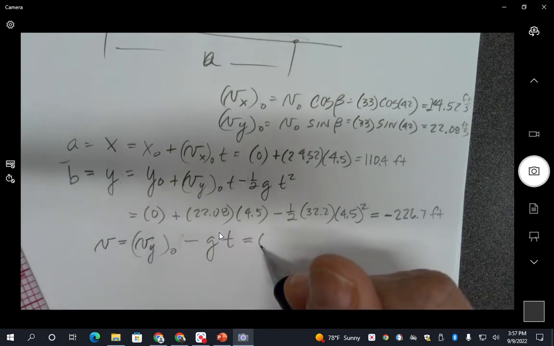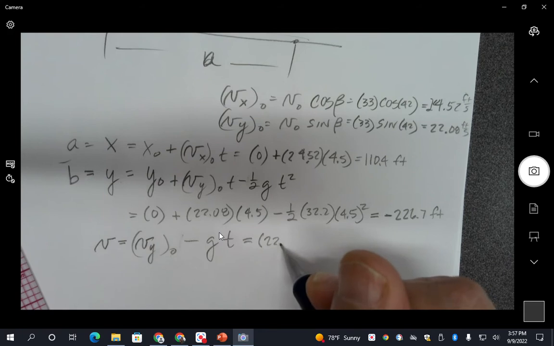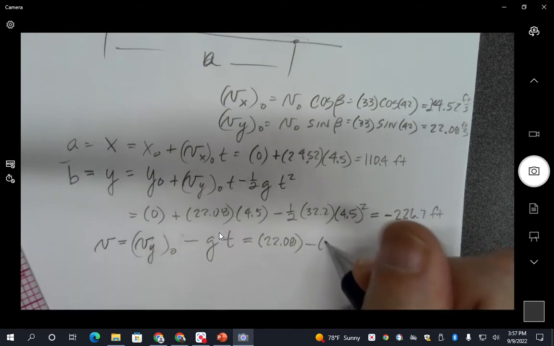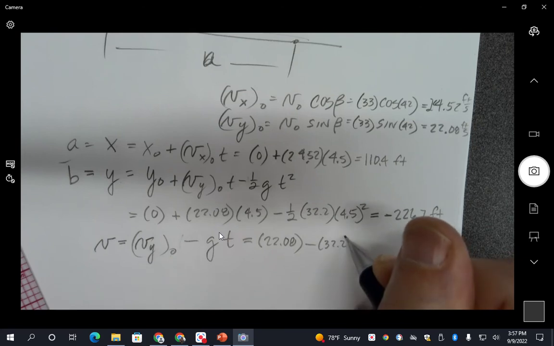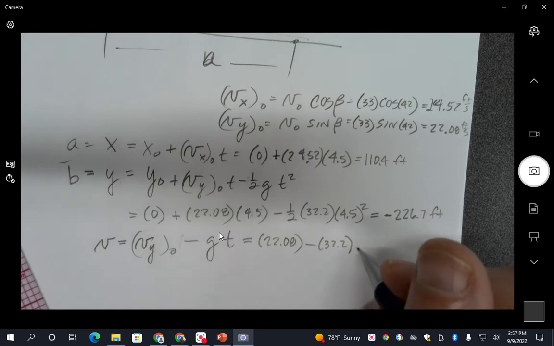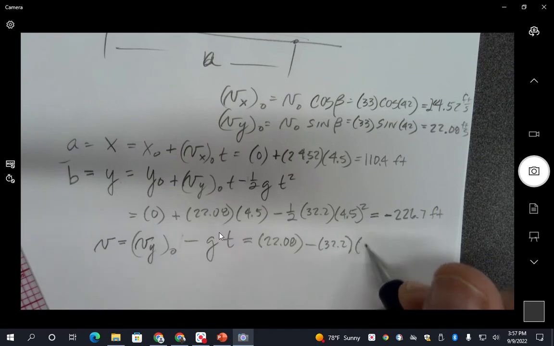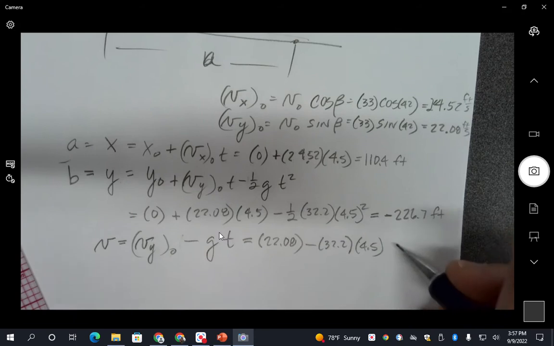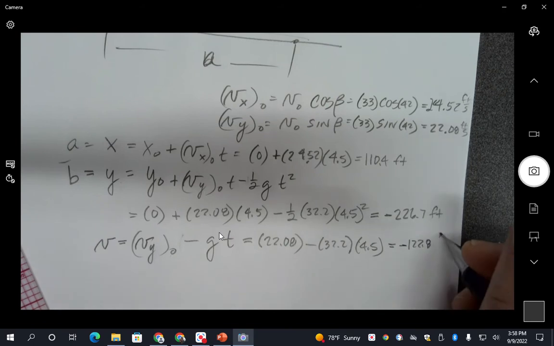So we start out with 22.08 and minus 32.2. Wait, did I do something wrong? No, we could have got this anyway. Yeah, I remember now. We could have found this velocity without it being dependent on those other things. But it's just something else that we do. We get it as a negative 122.8 feet per second.